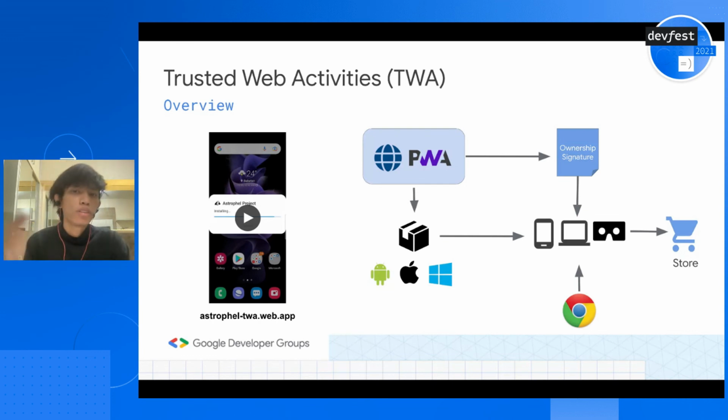After the user updates Chrome, the TWA will work because it is based on Chrome. And after we have this result, with the ownership signature on many devices, it can be distributed to many stores. So let's see, this is one example of a TWA for Android.